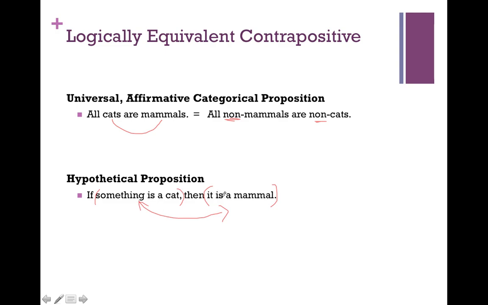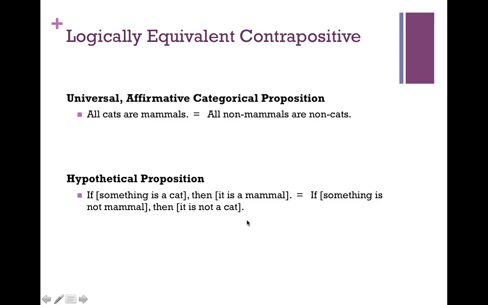And so we'll swap these, and then we'll throw the word not in both of them, just like we always found a contrapositive. So if something is a cat, then it is a mammal. The contrapositive of this is going to be if something is not a mammal, then it is not a cat. And that is logically equivalent to saying if something is a cat, then it is a mammal.